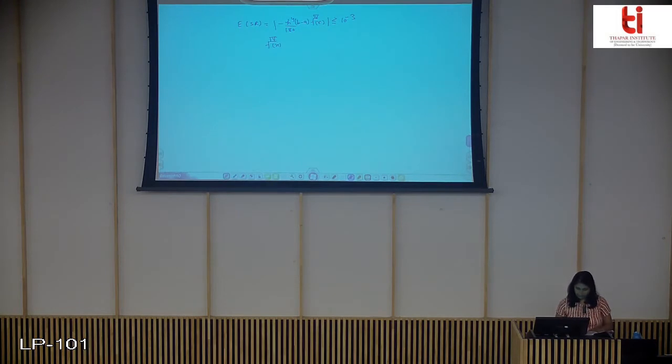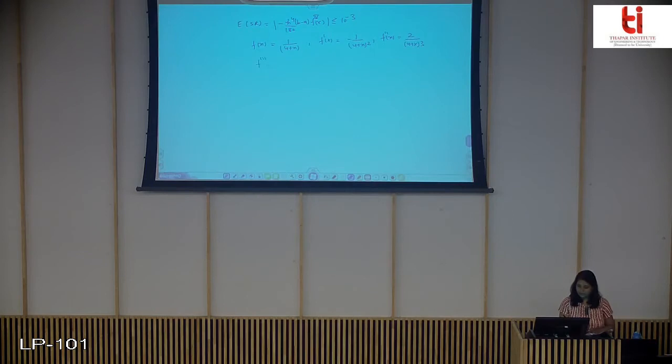We have computed up to the second derivative. f(x) equals 1 upon 4 plus x, f dash x is minus 1 upon 4 plus x whole square, and f double dash x is 2 upon 4 plus x cubed.